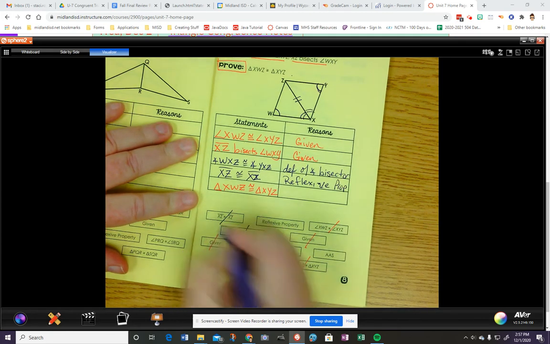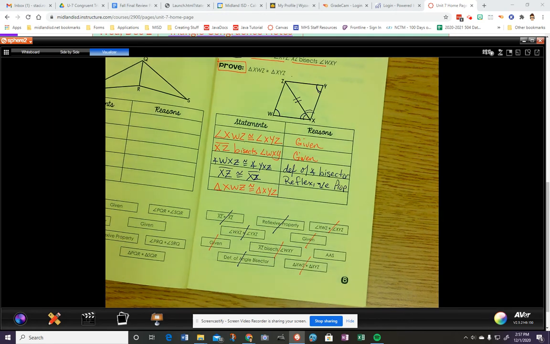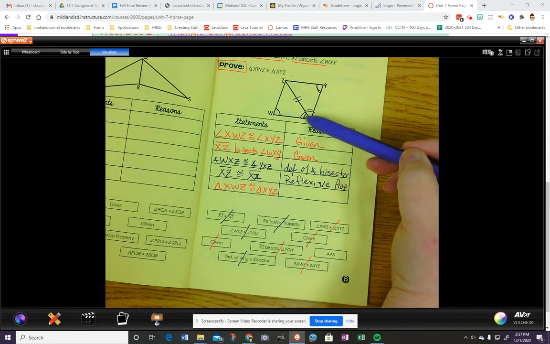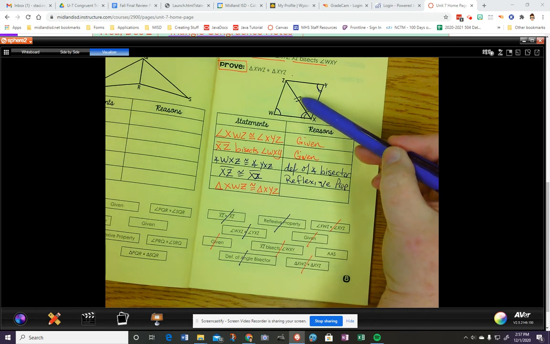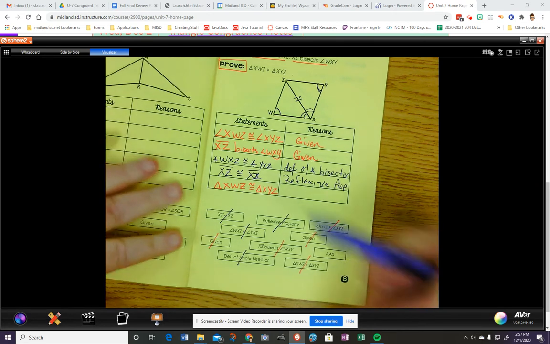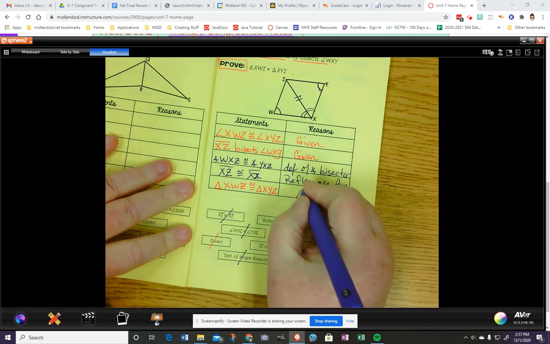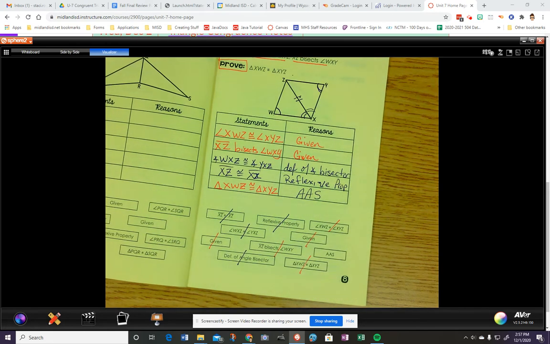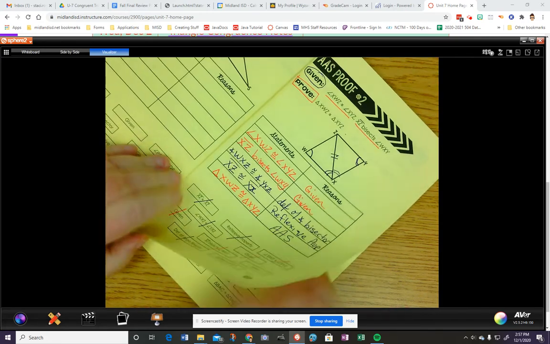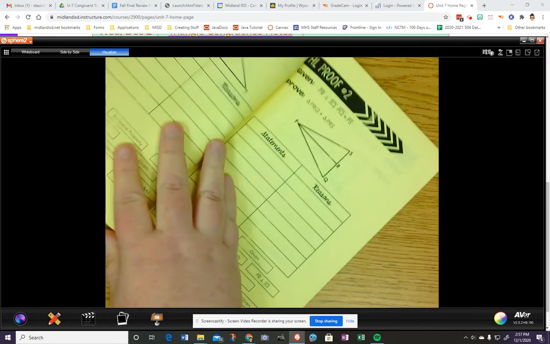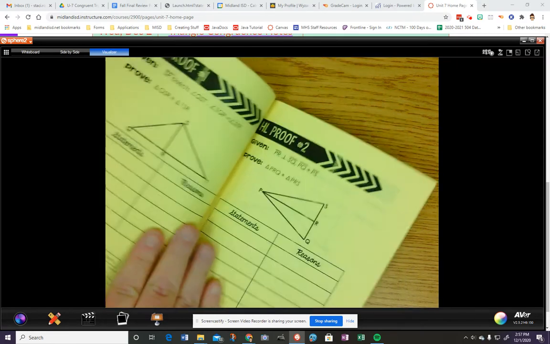So now we have angle, angle, side. Is that what's on our paper left? That's what's left. So our triangles are congruent by angle, angle, side. Pretty good? Okay. Let's jump to page 10.